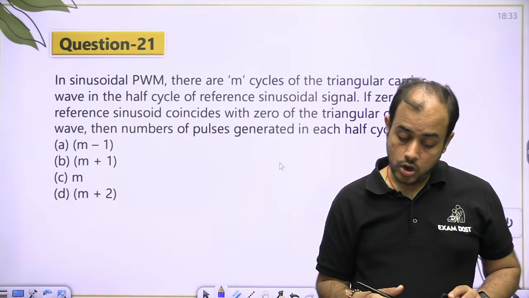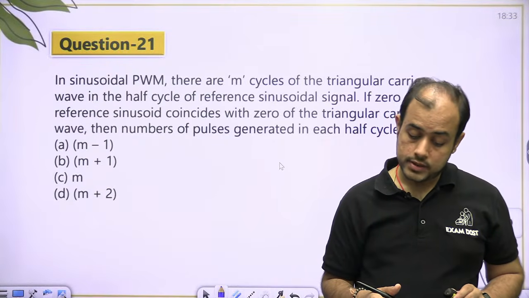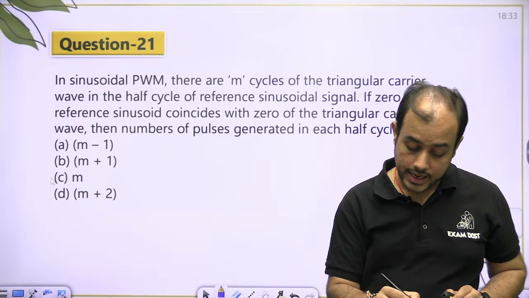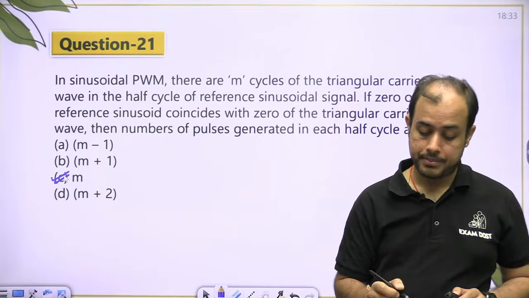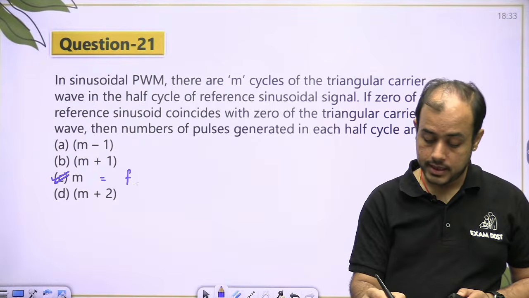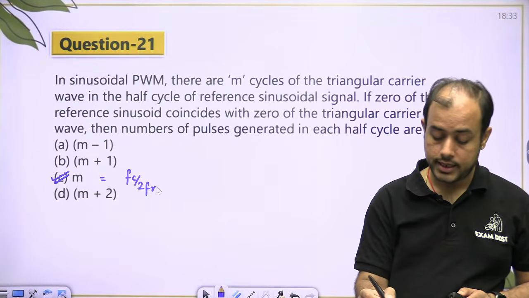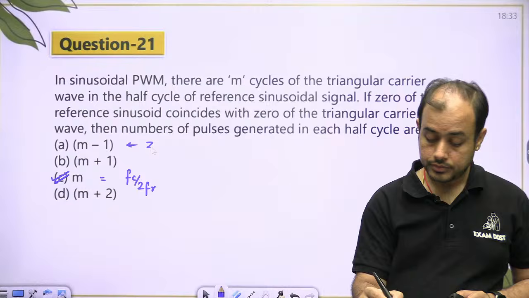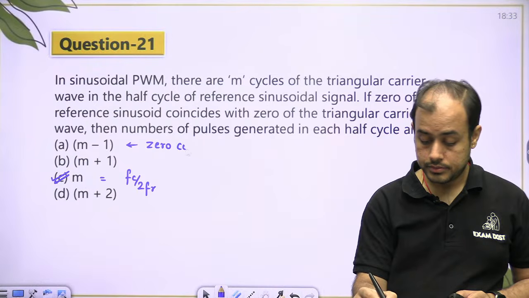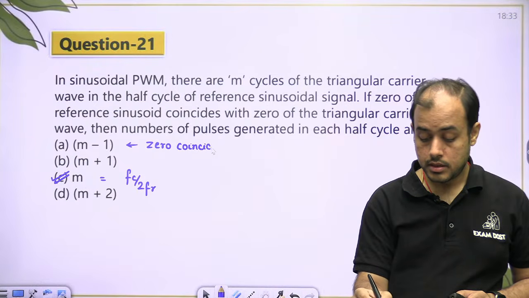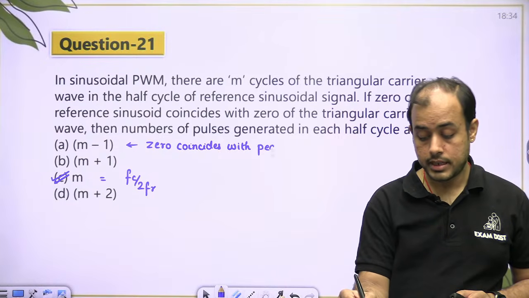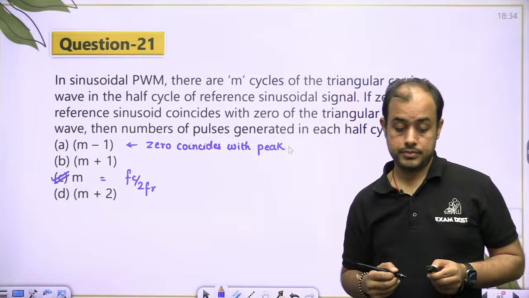If the zero of reference sinusoid coincides with the zero of triangle, number of pulses are M. M is basically frequency modulation index. And if zero coincides with peak, it is M minus 1.